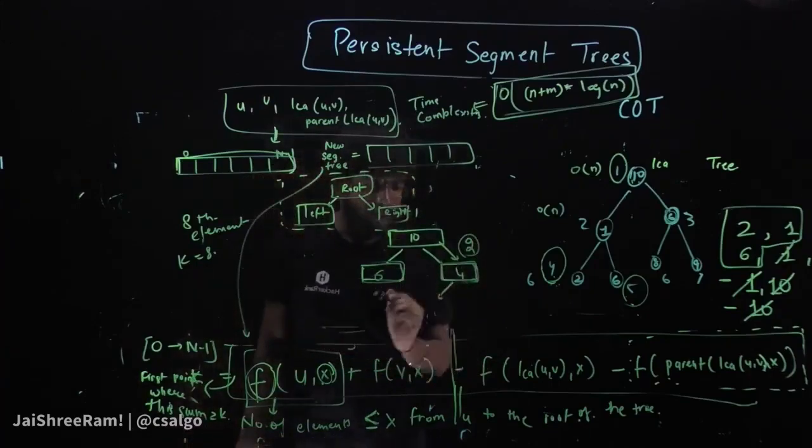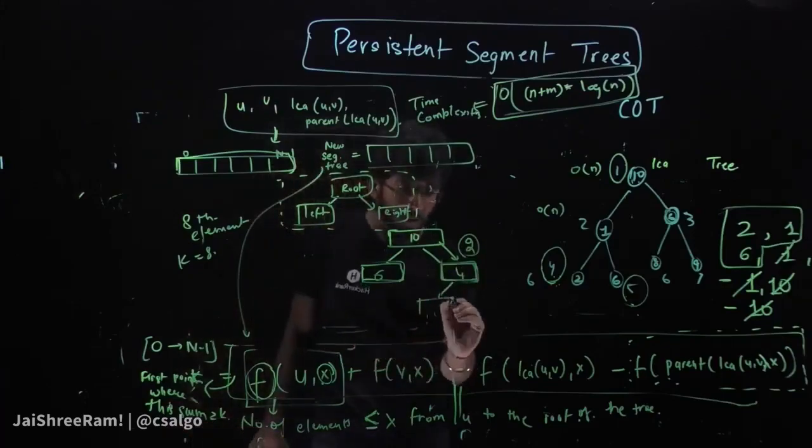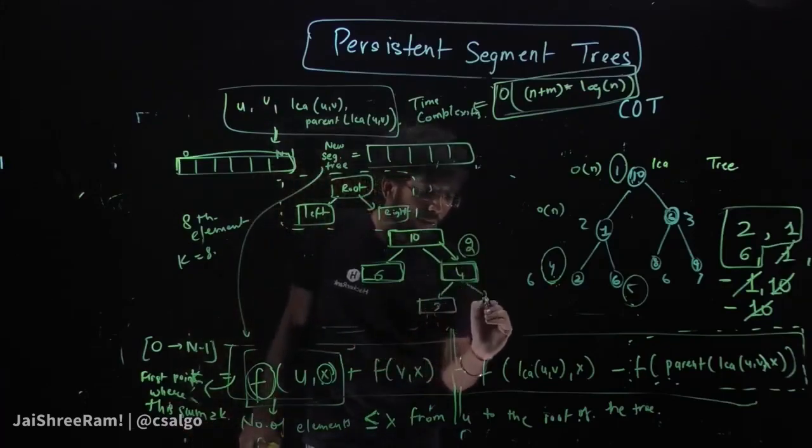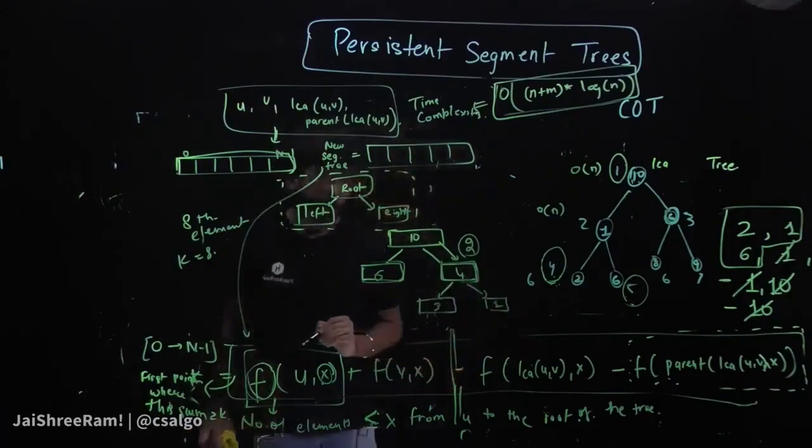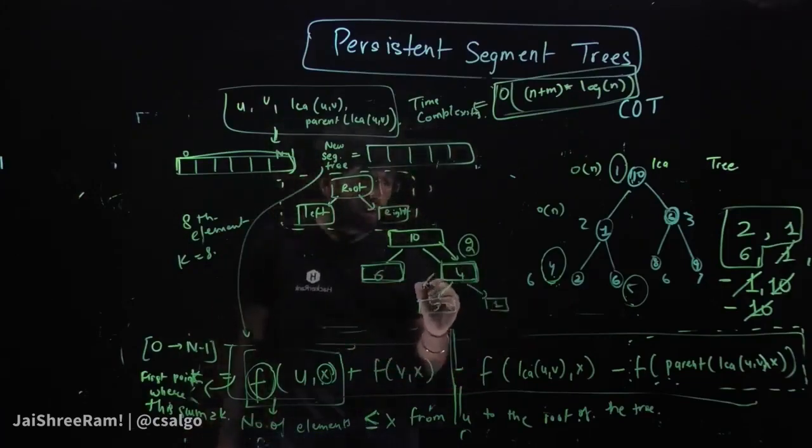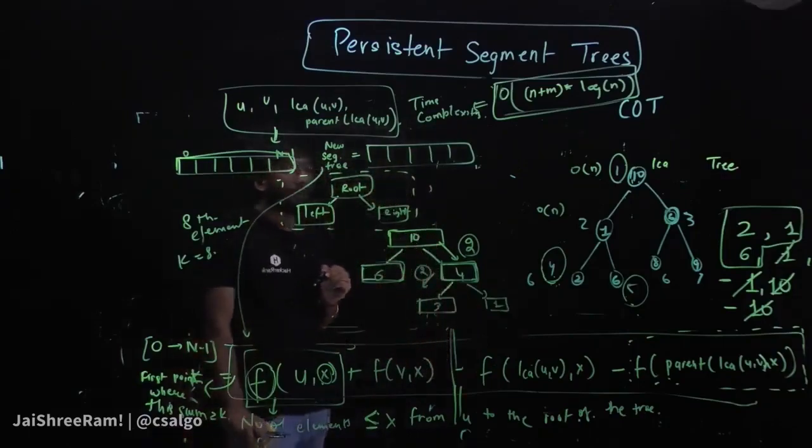And now let's suppose I have 3 elements over here and 1 element over here. Then I'm pretty sure that the kth element lies over here.